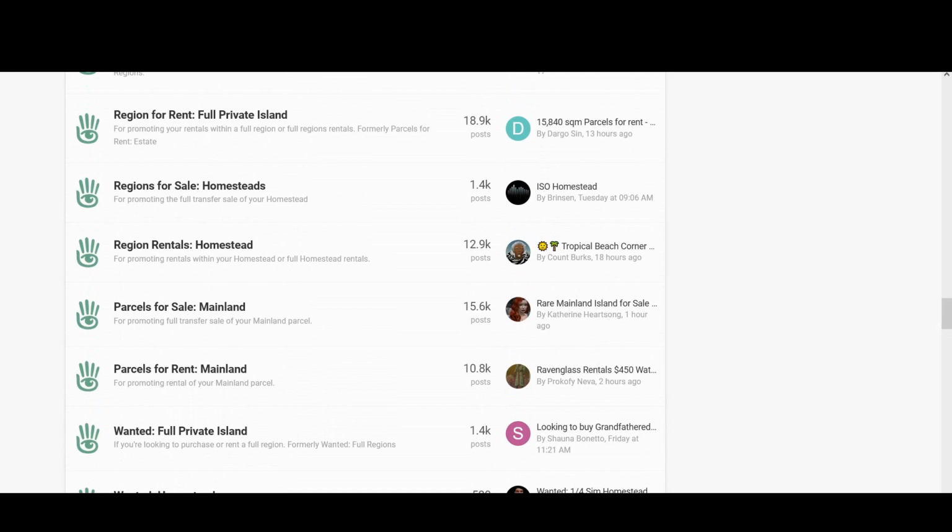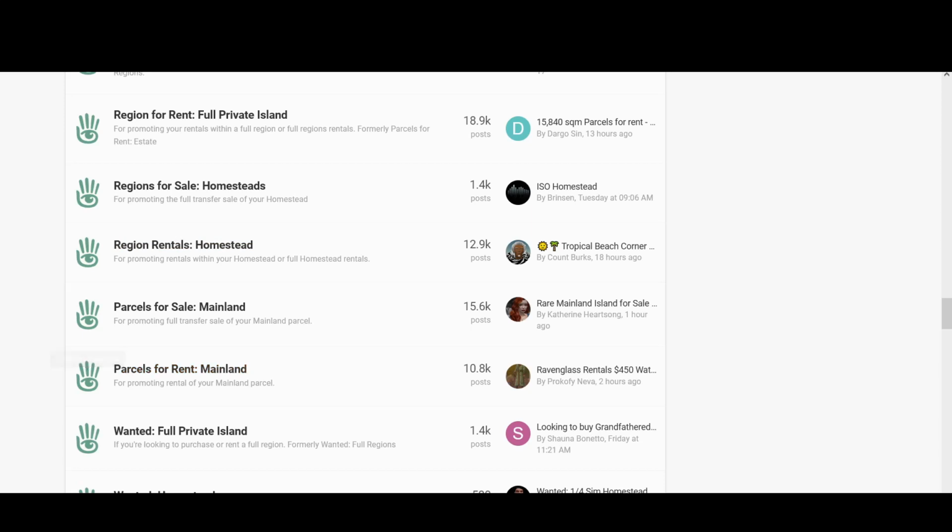All right, so we're on rentals, but again, as you can see, this is the way you can access land of any type without being in world. So if you have a couple of moments, you have downtime, you're land hunting, this is a great tool for you to use.